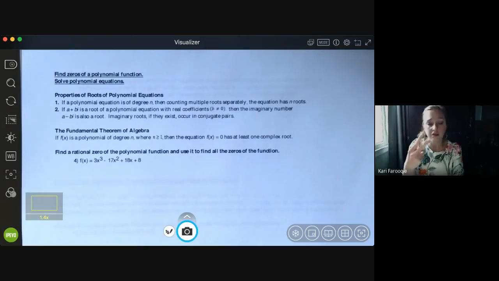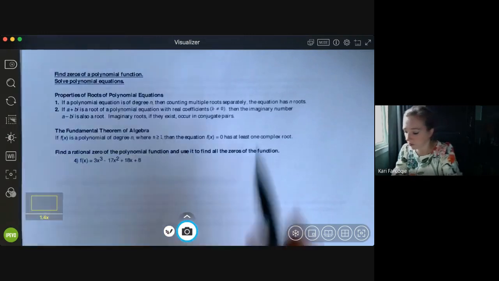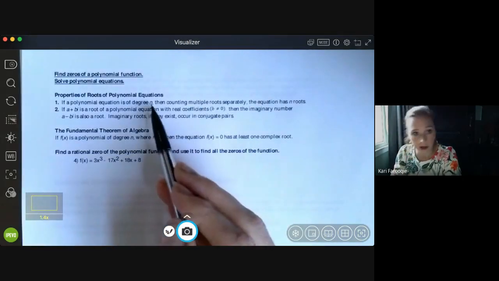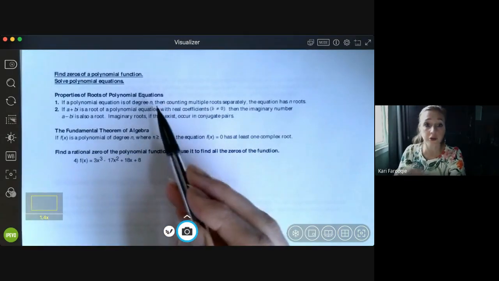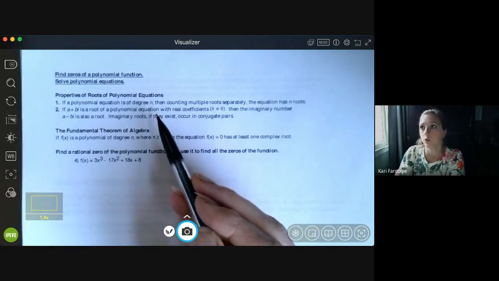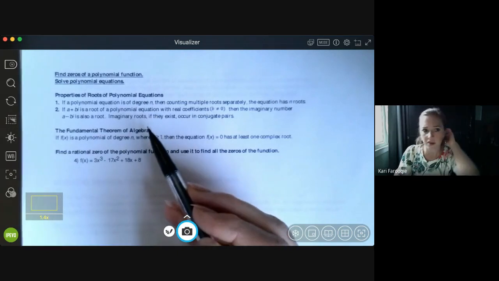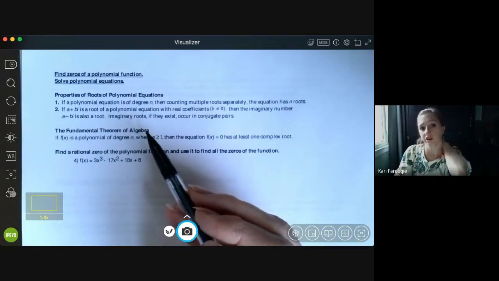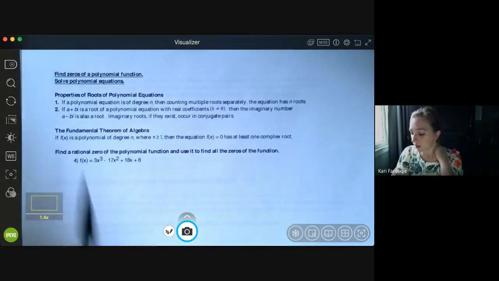If the multiplicity is 2, that means the 0 shows up twice. If the multiplicity is 3, that means the 0 shows up 3 times. So when we're accounting for these n zeros for our nth degree equation, those could be repeats. So situations where the multiplicity of that 0 was greater than 1. So that's important to note, and I'm going to show you an example where just that thing occurs.